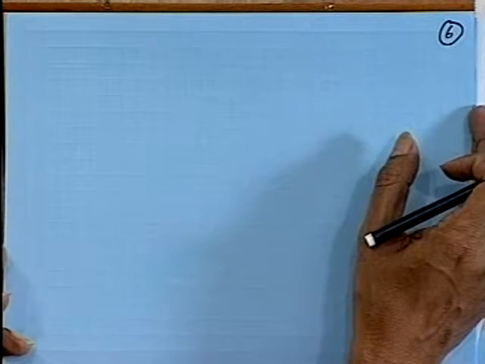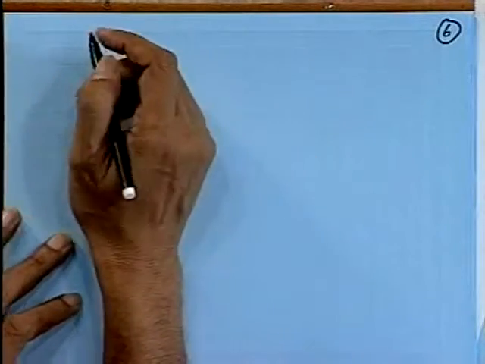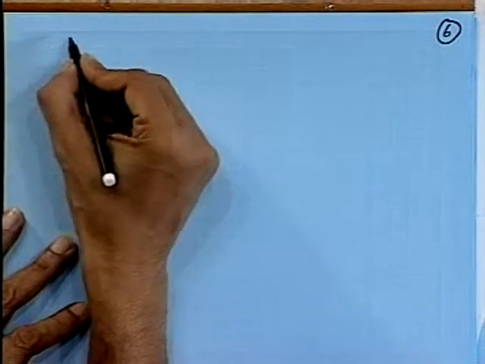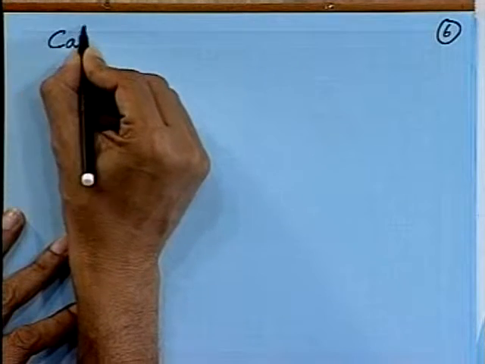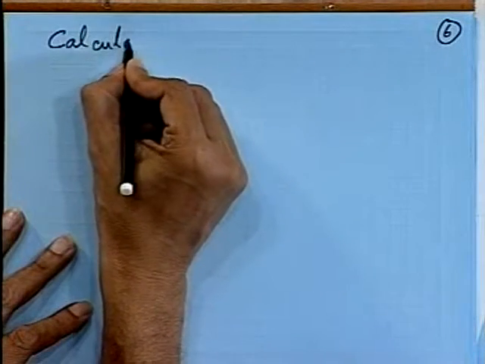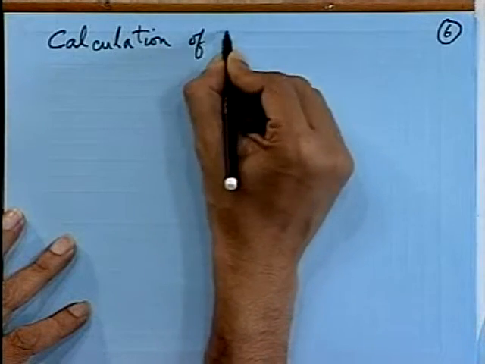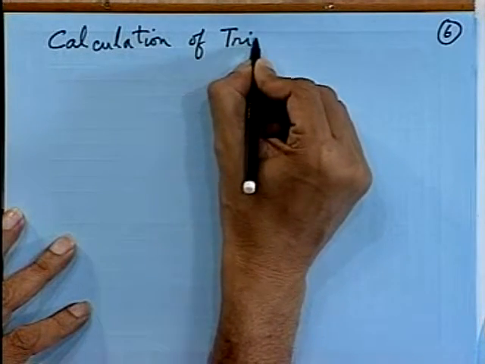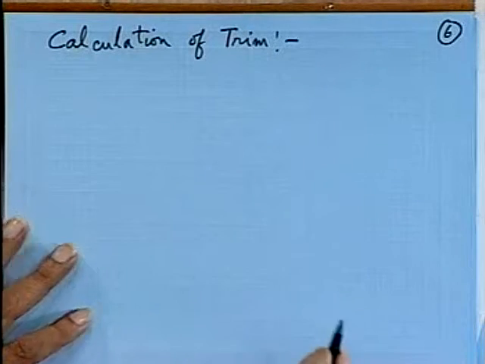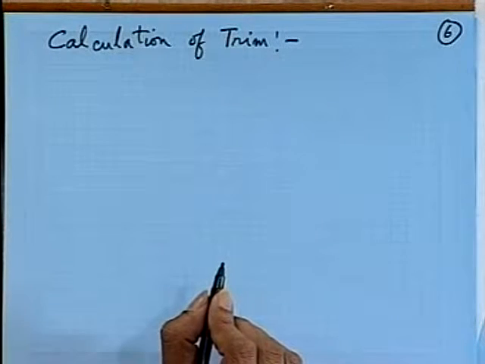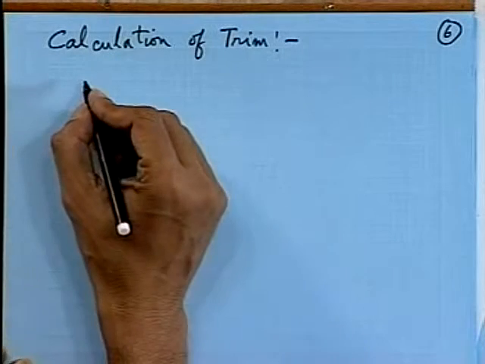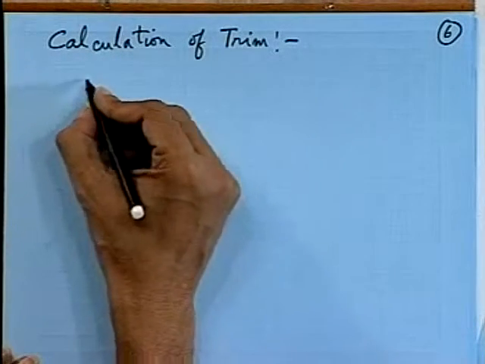Now trim, as you know, always occurs due to the moment about the LCF, or center of flotation. So this is our next step. Now before we do this, we have to calculate the trimming moment.